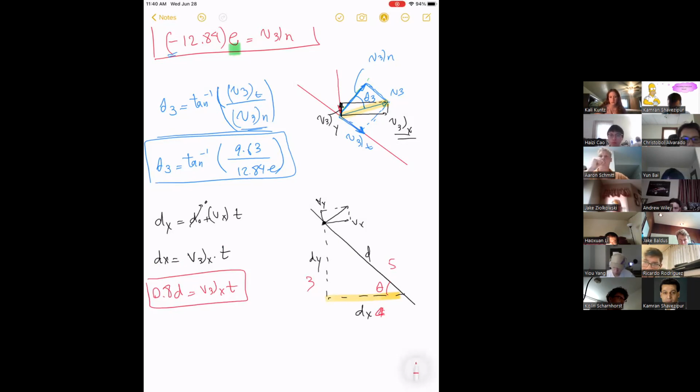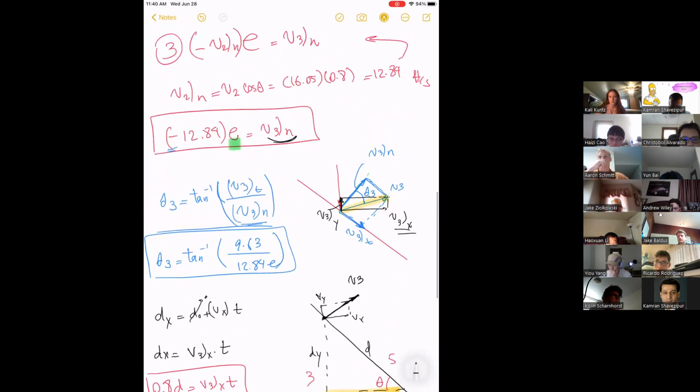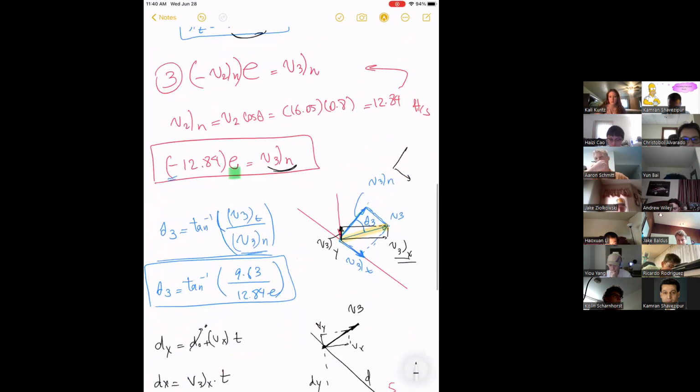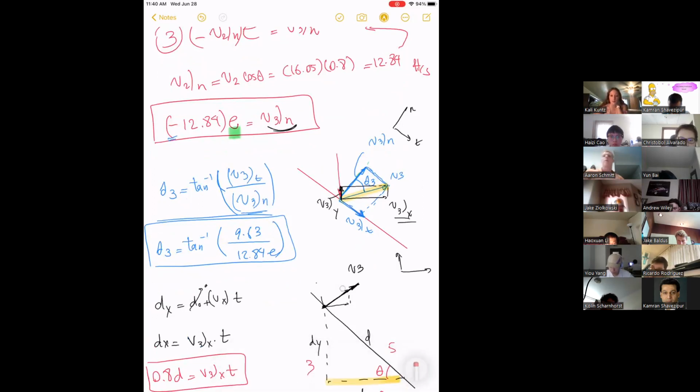Any question? So this is the velocity after the impact, right? I found its normal and tangential direction, but normal and tangential are in these two directions. I have my own x and y direction, right? So for now, I project this into x and y direction.